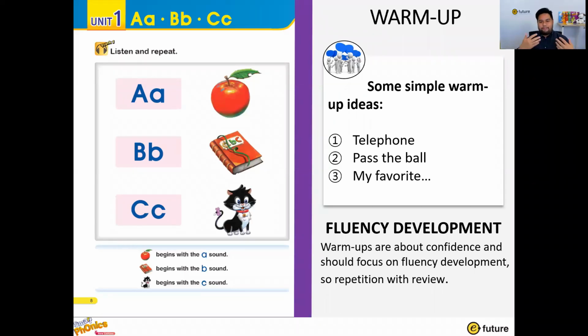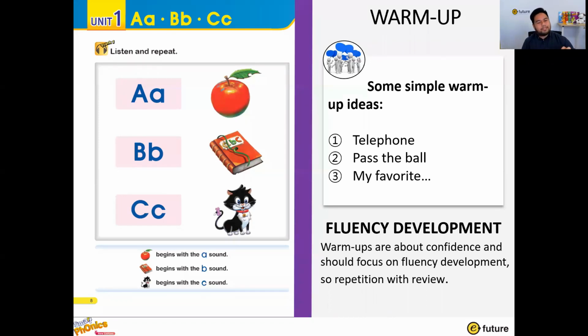So it involves all the students. Pass the ball as well gets a bit of anticipation. It's a simple game. Play the music, have some object, doesn't have to be a ball, and they pass it around. When the music stops, they have to say a word or something. Just something quick and easy.